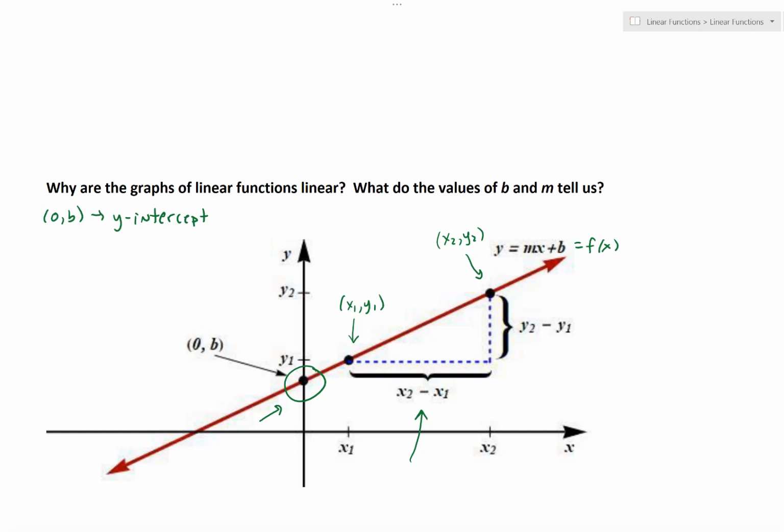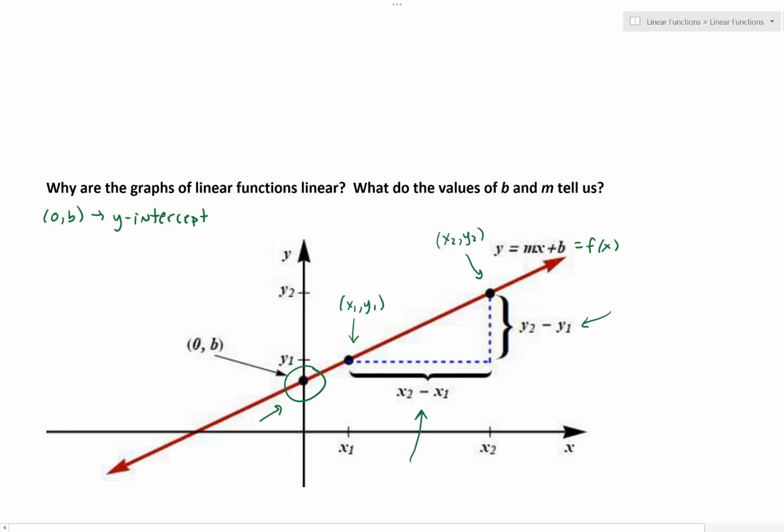Correspondingly, the amount of change I've gone up or down on the graph of this line over this particular interval of x's is the outputs y2 minus y1. That change over here, the vertical change. And it's supposed to be telling us something, right? So if I move left or right by some amount, say x2 minus x1, I've gone up or down this amount y2 minus y1.